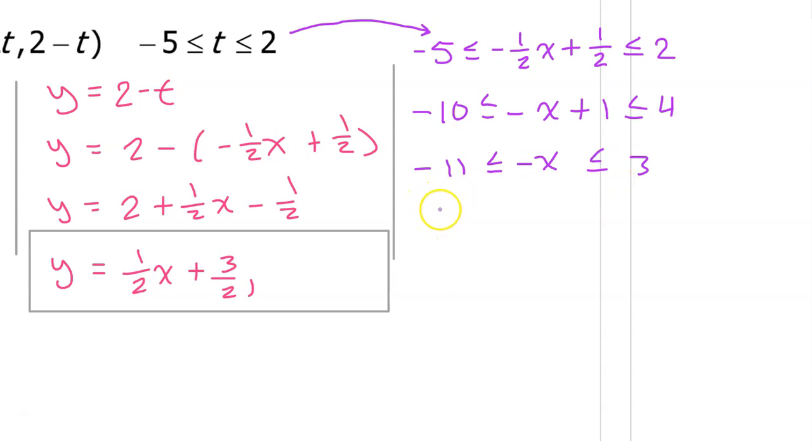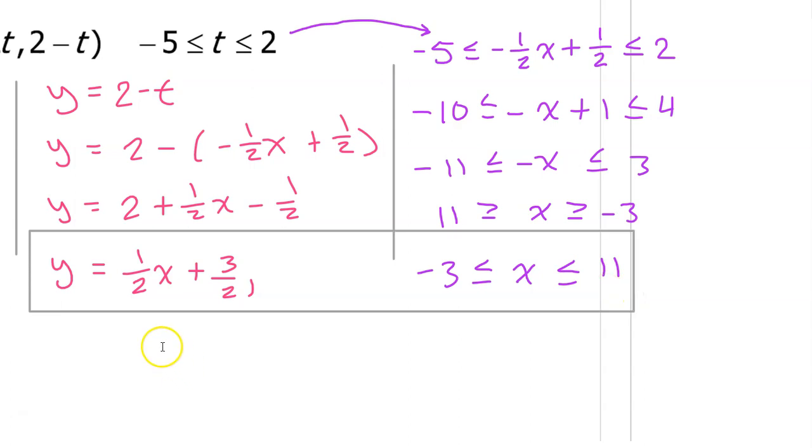So this will give us 11 is greater than or equal to x, which is greater than or equal to negative 3. Or written more naturally, negative 3 is less than or equal to x, which is less than or equal to 11. Which means that x is between negative 3 and 11. So kabam! There you go.